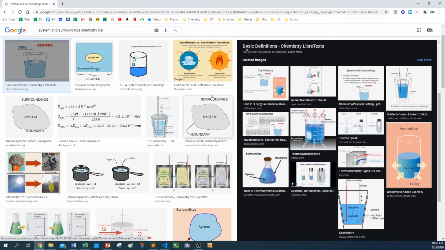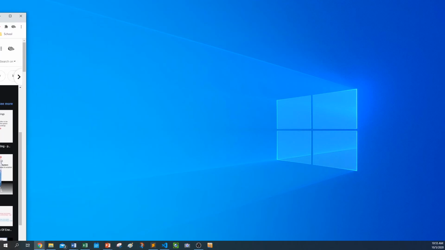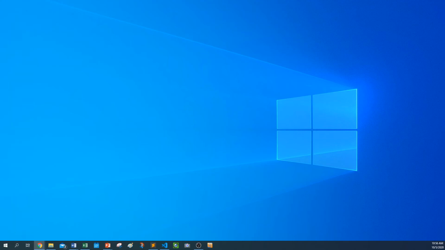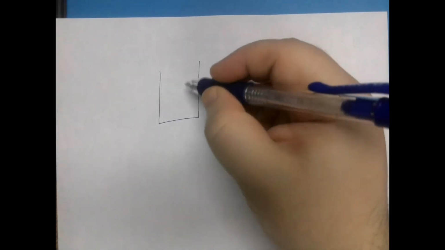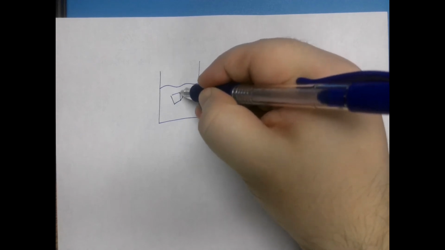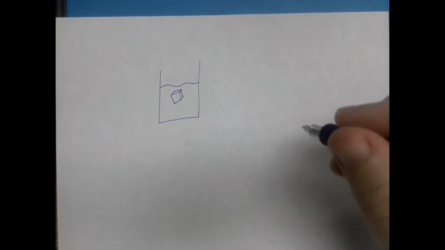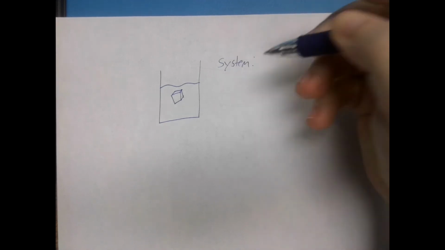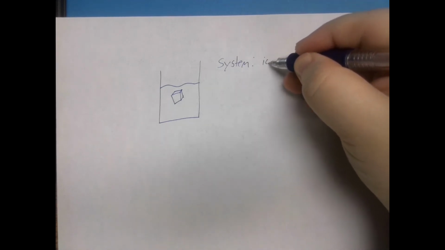Let's see if I can find a proper definition. So system, if we have a liquid and we have some ice inside of it, and we're only talking about phase change of the ice, our system would be the ice cube.